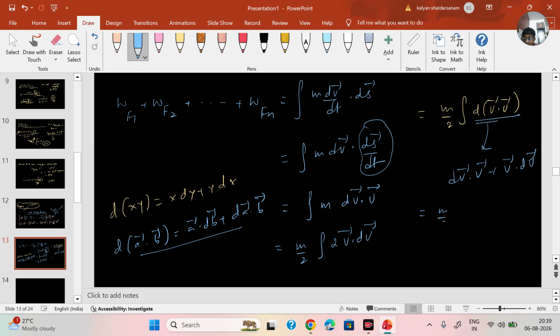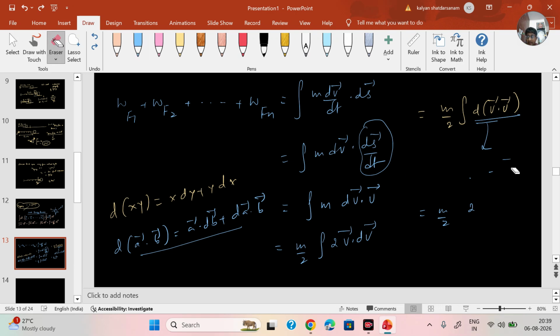So this will become m by 2 integral 2 v dot dv. 2 gets cancelled. That's exactly this step. You see? So both these steps are identical. Once again, d of v dot v, I am using the product rule. First you keep the first v constant, v dot dv, plus dv dot v. So it will be 2v dot dv, which is exactly what you have.